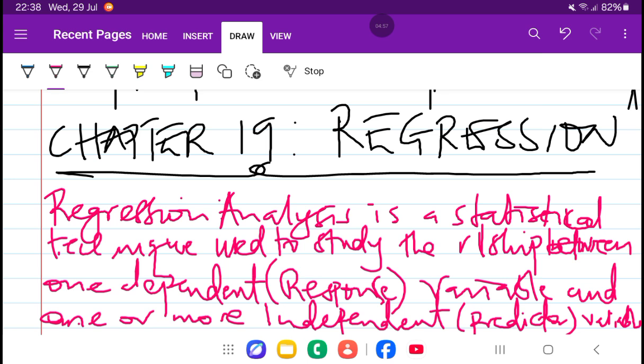So it helps us to determine how changes in the predictor or in the independent variables affect the response or the dependent variable.